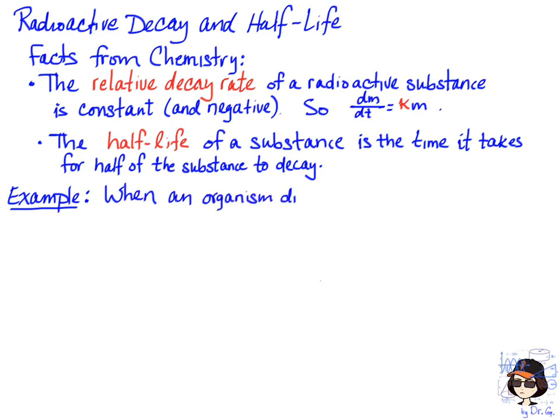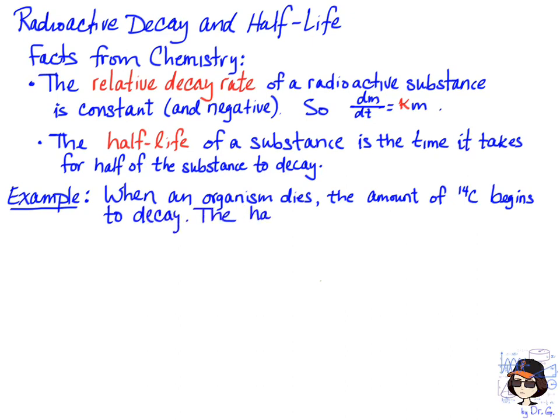So, for example, carbon-14. When an organism dies, the amount of carbon-14 begins to decay. The half-life of carbon-14 is 5,730 years. Carbon-14 is a radioactive isotope that scientists use in carbon dating.